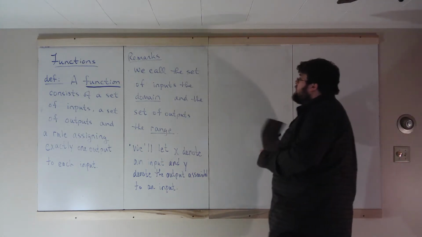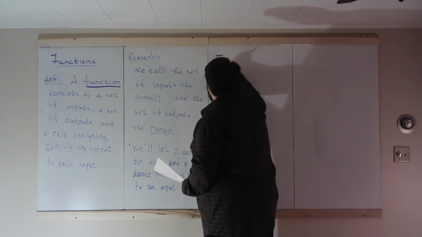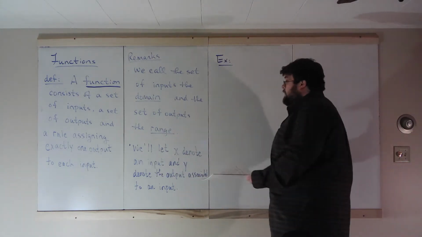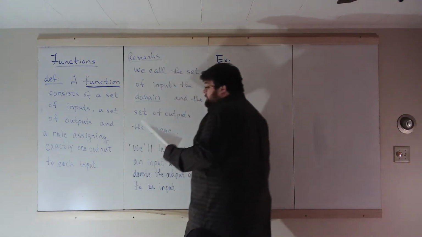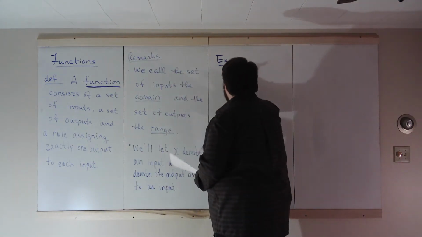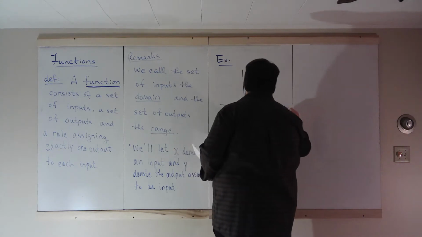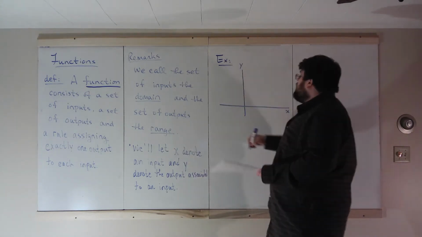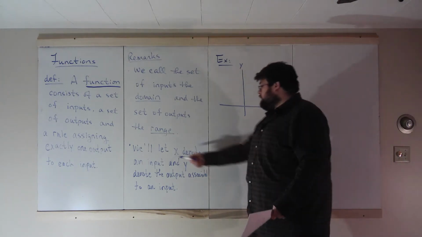So let's look at some examples. We'll look at some graphs, and here we'll detect whether these graphs represent functions. So first, on our graph, remember the horizontal axis will be our x values, our inputs.